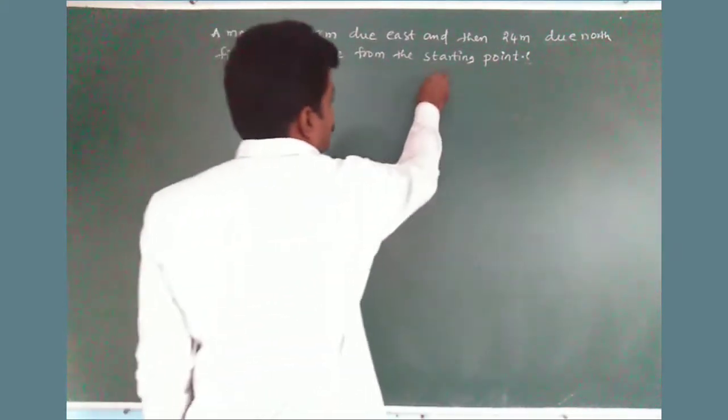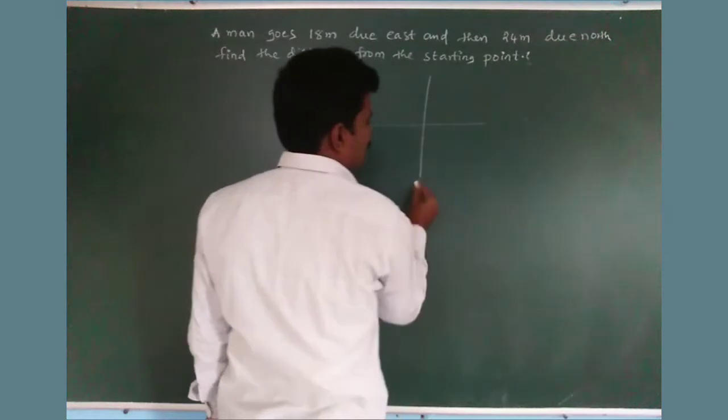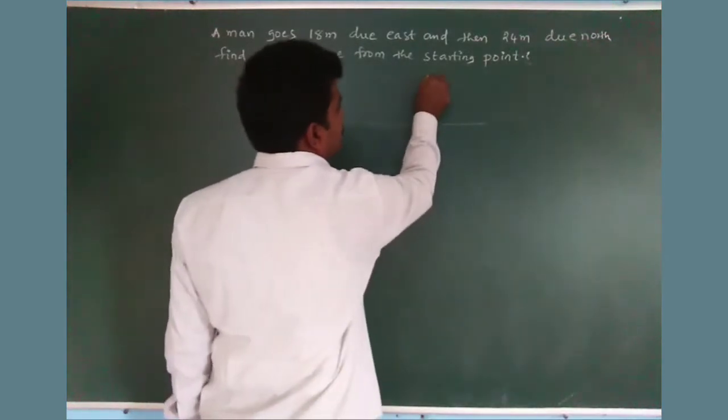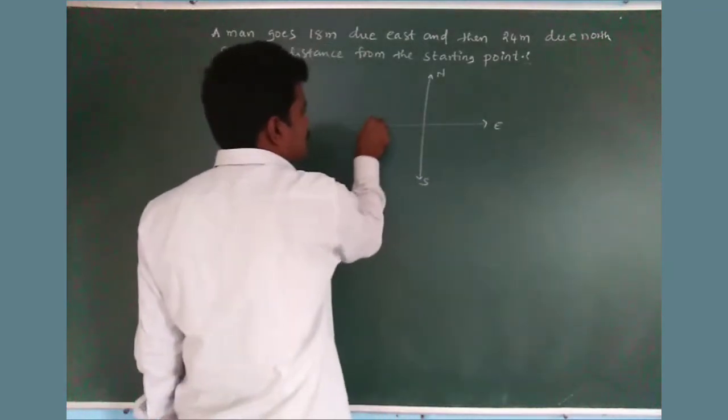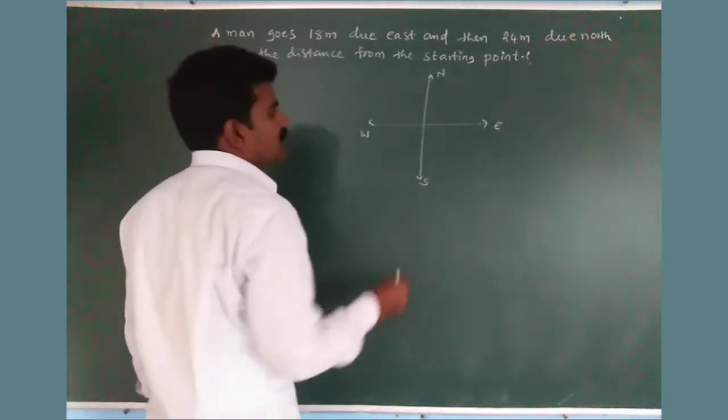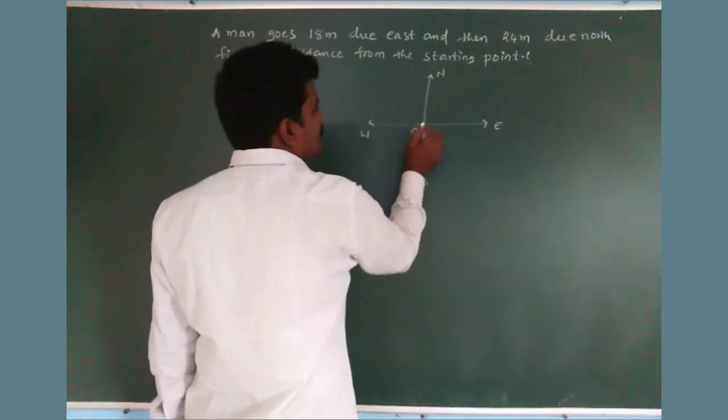Okay. A man goes 18 meter towards east and then 24 meters towards north. So, in general, these are the directions of south and north, and these are east and west. Let O be the starting point.